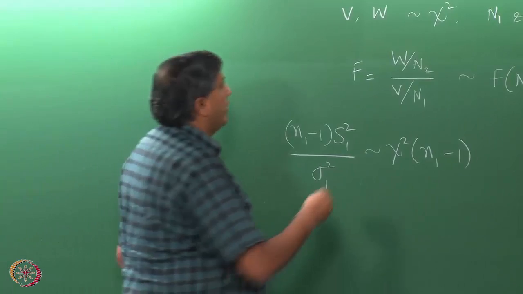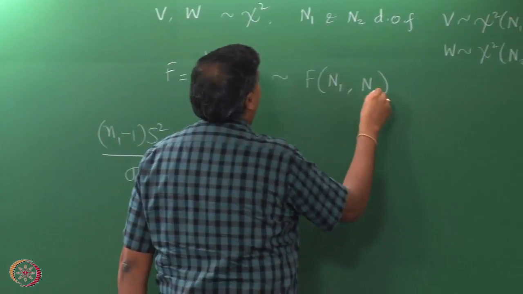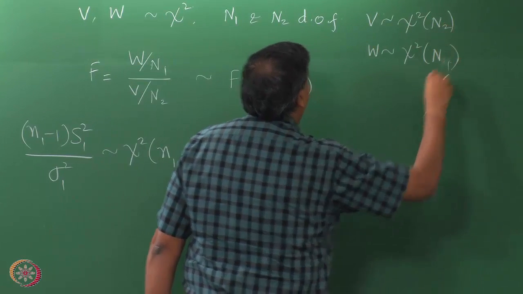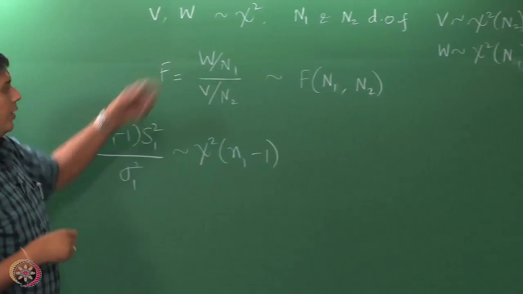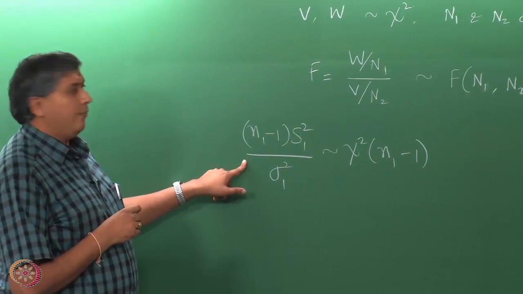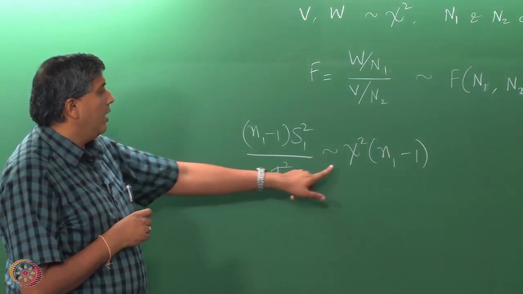Maybe to keep things consistent, we could also change here n1 n2 to n1. It is just a notational thing, so that you can be more comfortable with what we are going to do next.